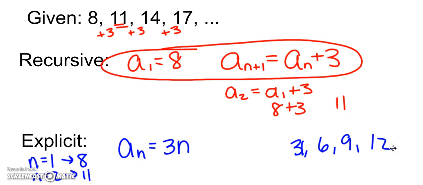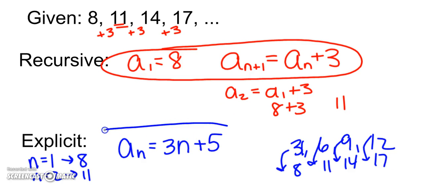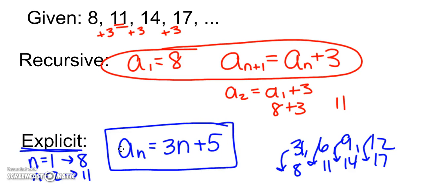That's not the right sequence. How am I going to go from 3 to 8, 6 to 11, 9 to 14, 12 to 17? Hopefully you said that you're going to add 5. This would be our general or our explicit rule that's based solely on n.